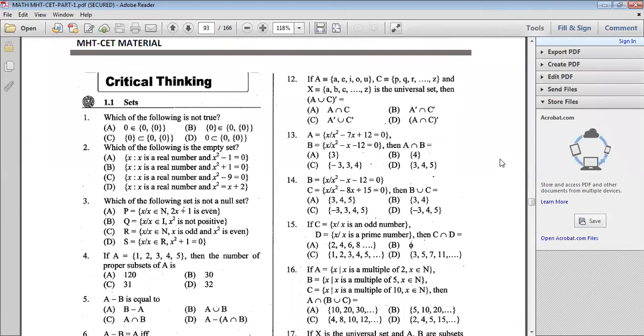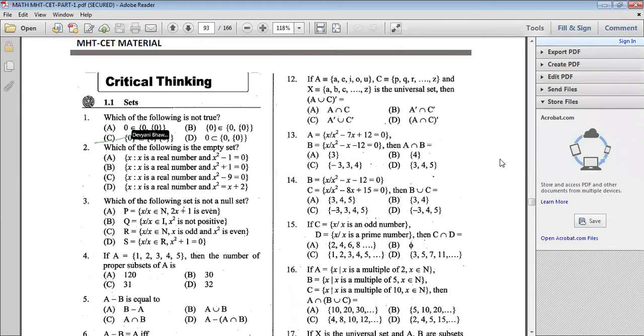Observe the first option: 0 belongs to the set {0}. Is it correct? Yes, 0 belongs to that set. Second option: the set {0} belongs to the set {0, {0}}. Is it correct?